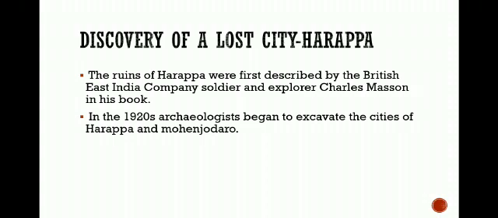He wrote that he saw a ruined brick castle with very high walls and towers built on a hill. So this was the earliest historical record of the existence of Harappa, the first record found by the British East India soldier.